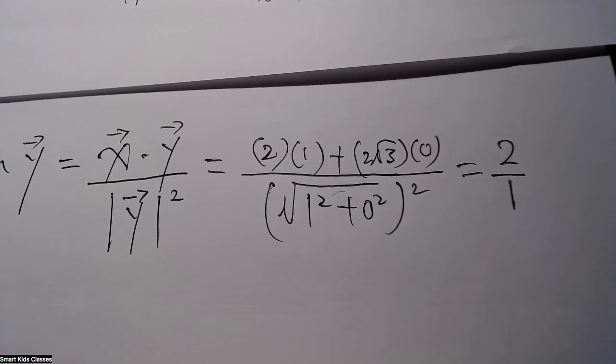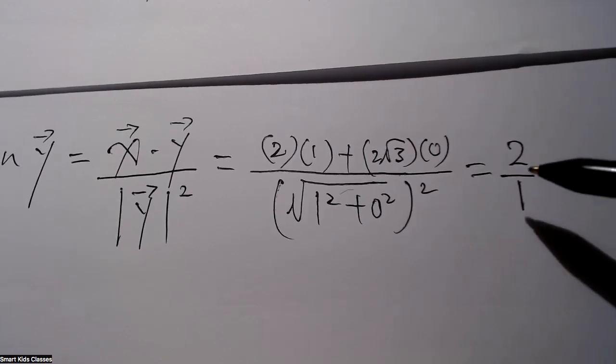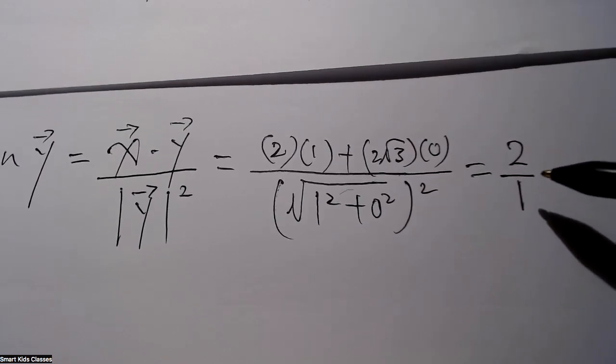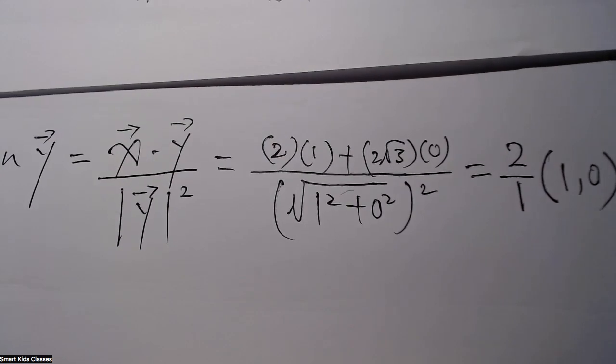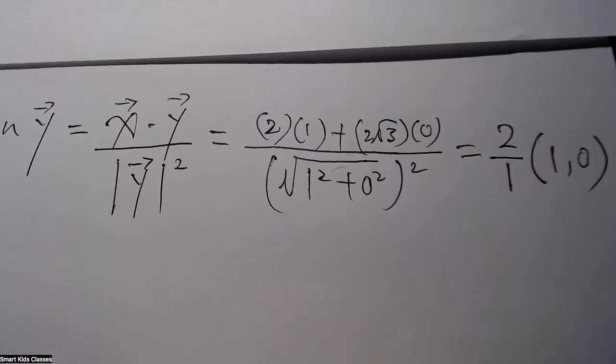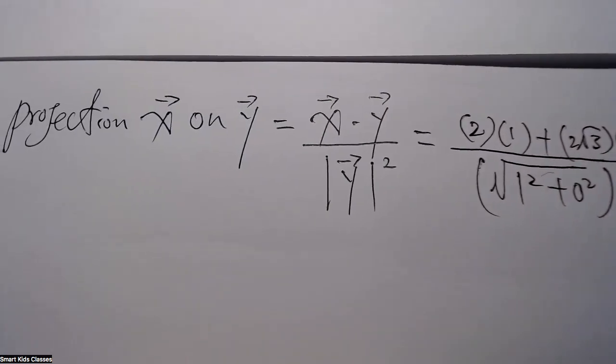That gives the scalar here, and then we multiply by vector y. Vector y is (1, 0). That will be the answer for B.